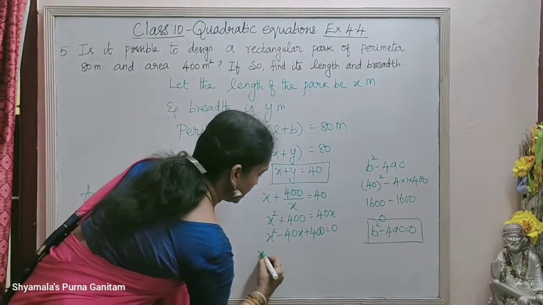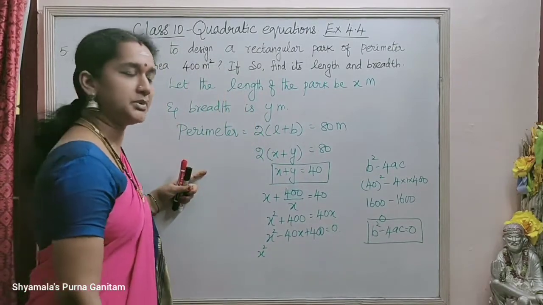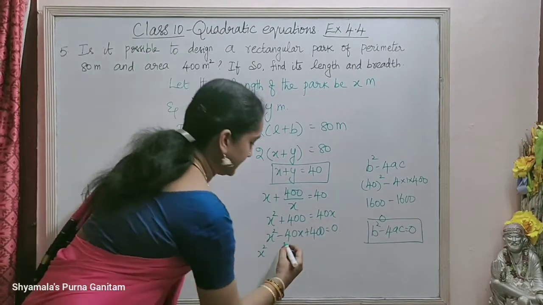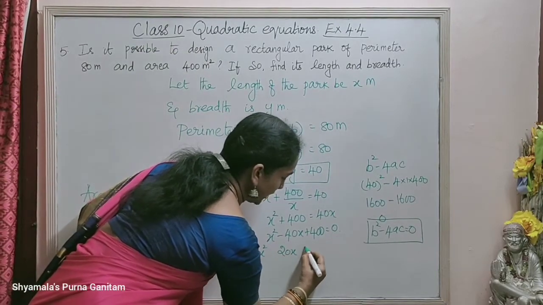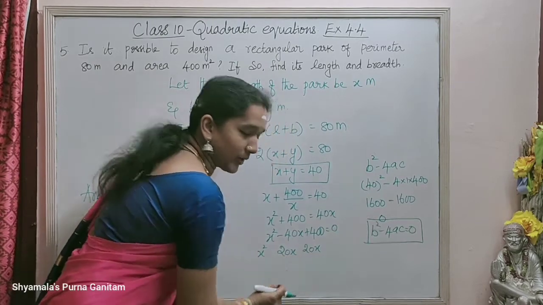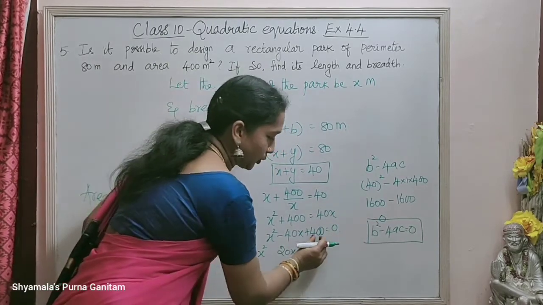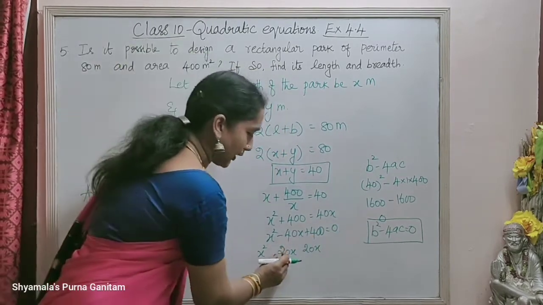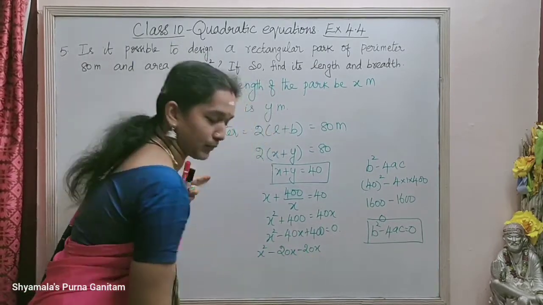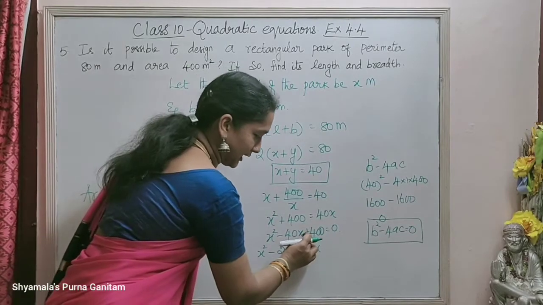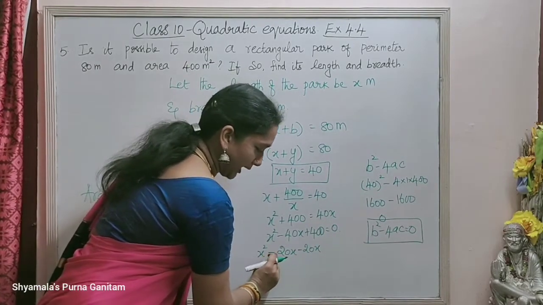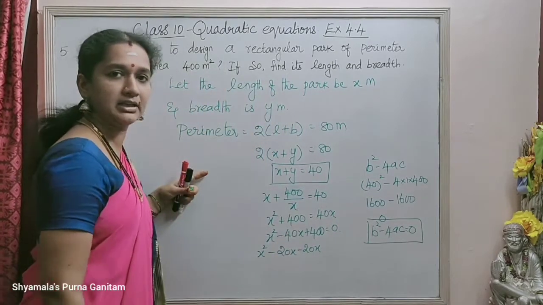So here, using splitting the middle term, we can find the values of x. Two numbers whose product is 400 and sum is 40: one is 20, the other is 20. With the negative signs, minus 20 into minus 20 is 400 and minus 20 minus 20 is minus 40.